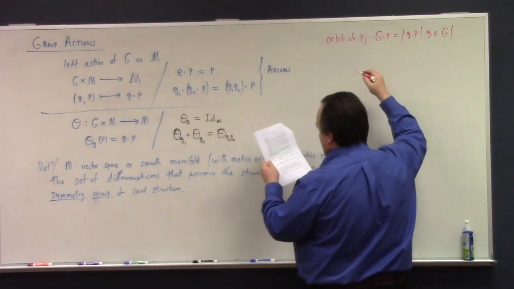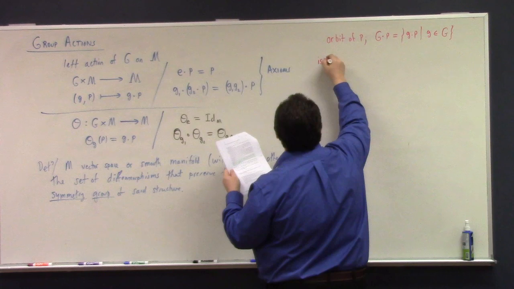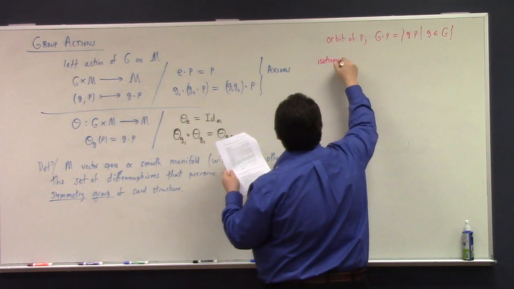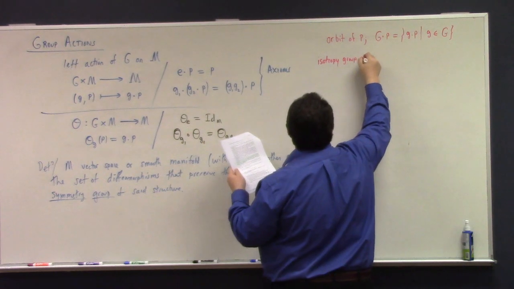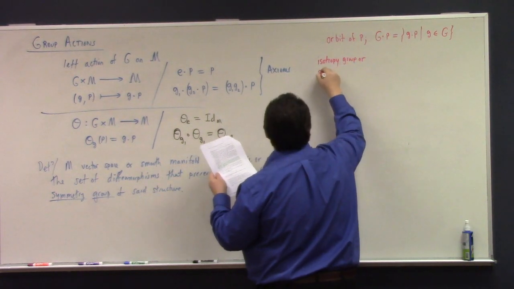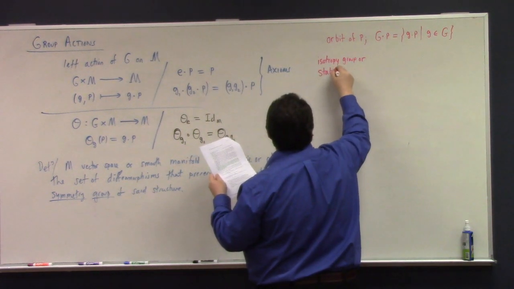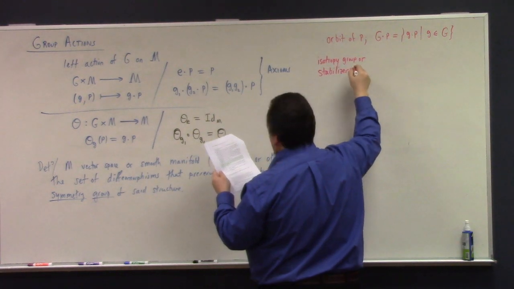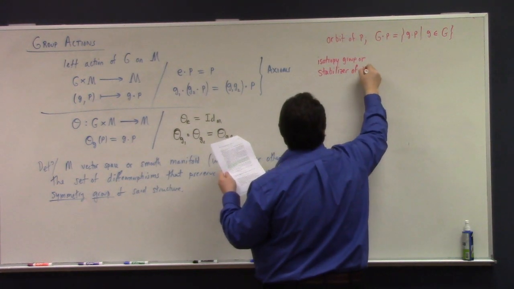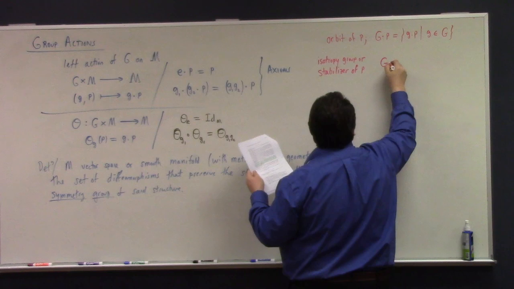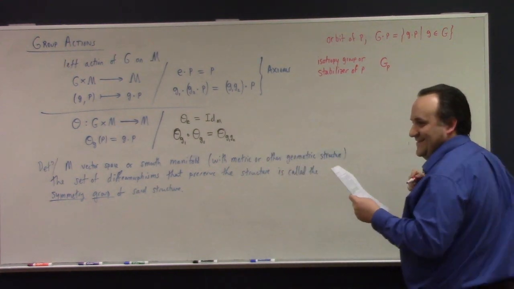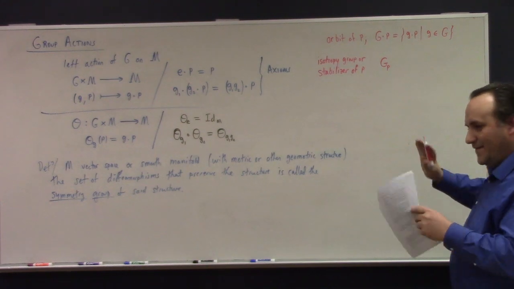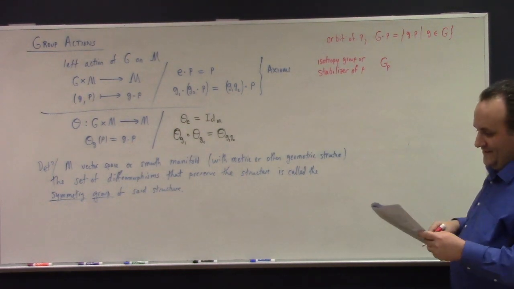There's also something called the isotropy group or a stabilizer of P. This is denoted, to make it extra confusing, G sub P, which looks nothing like G dot P, so that's good.